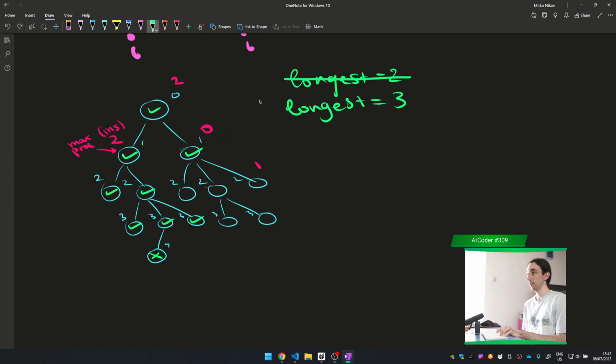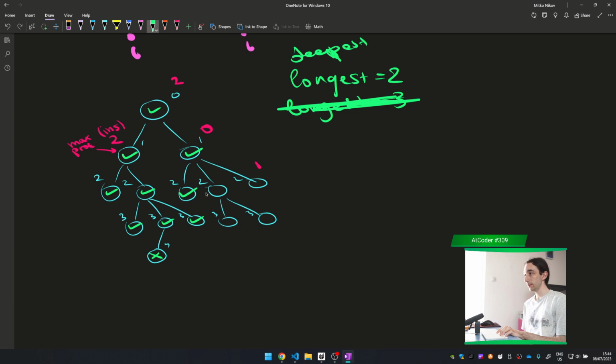Now longest becomes, again, back to 2, because up to depth 2. This here is 0, so it doesn't affect the longest. Then, I mean, maybe the deepest, not the longest, but the longest chain from the root to some node.